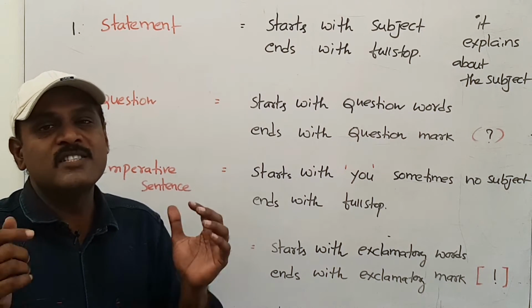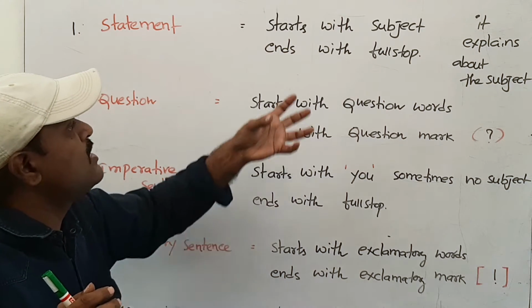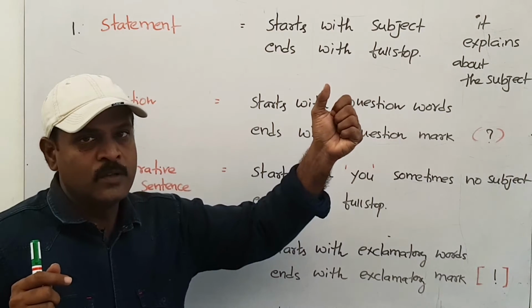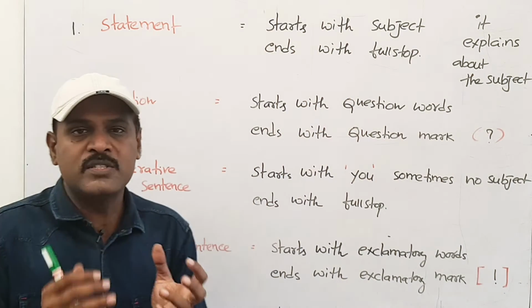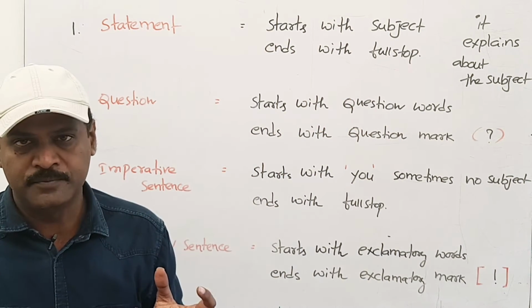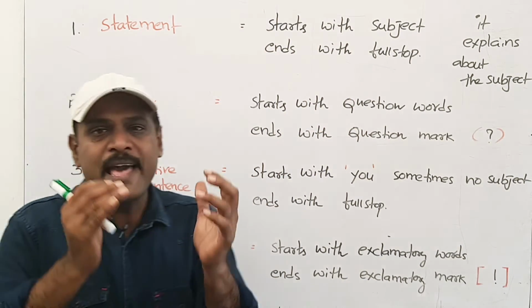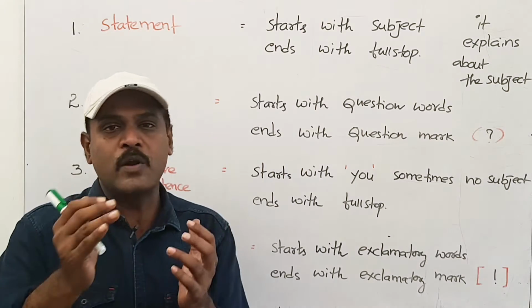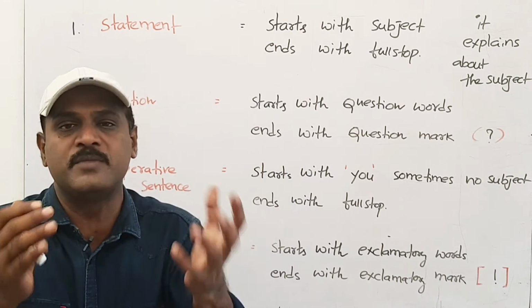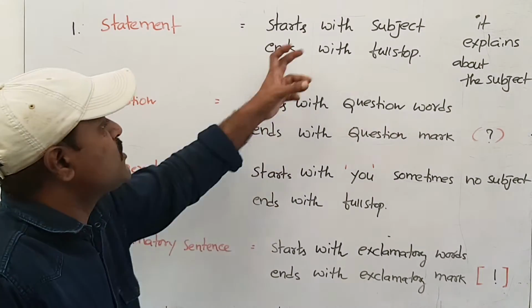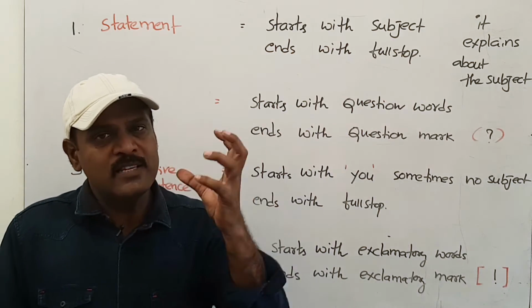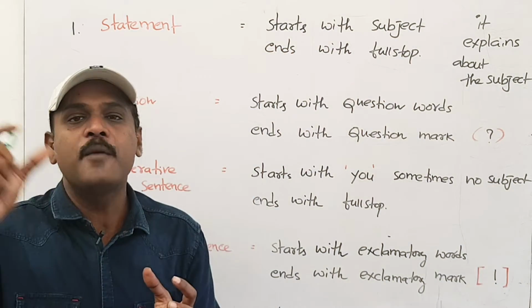First one is statement. Statements generally start with a subject. In the subject place, we can use a noun or pronoun. The statement explains about the noun or pronoun used in the place of the subject. It ends with a full stop. Generally, the statement ends with a full stop or period.